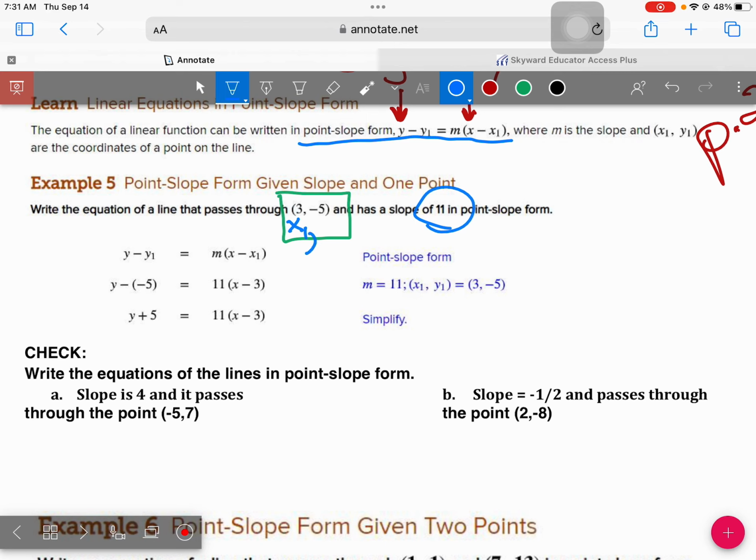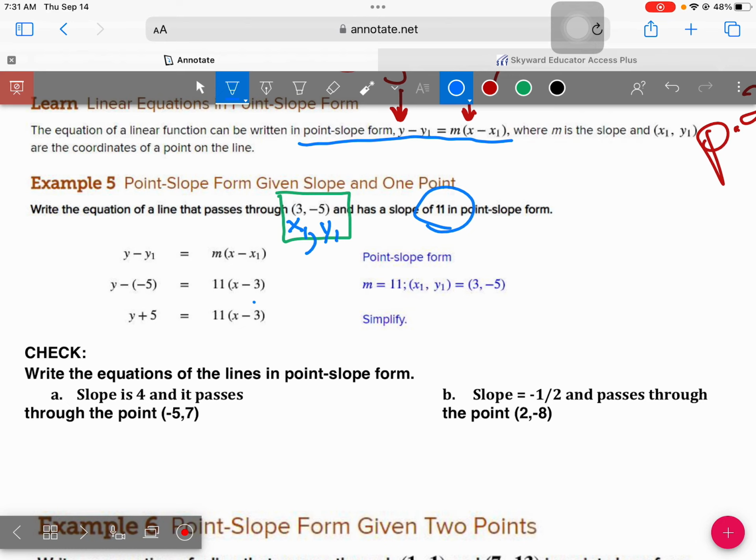Negative 5 is my y sub 1 point. So they substituted in, here's my original point-slope form. They substitute and say y minus y sub 1, which is negative 5, equals 11 times x minus 3.